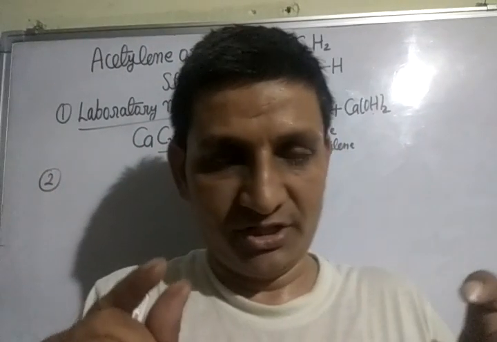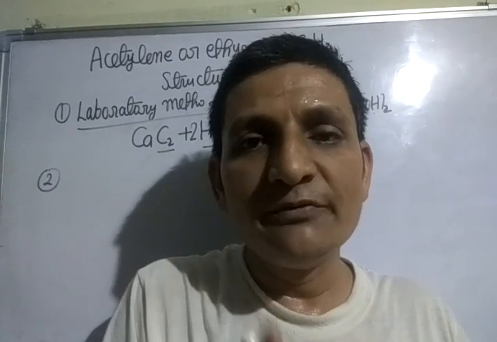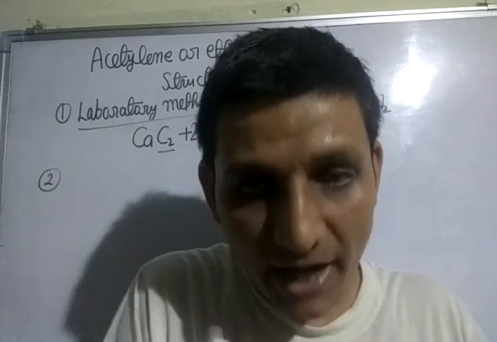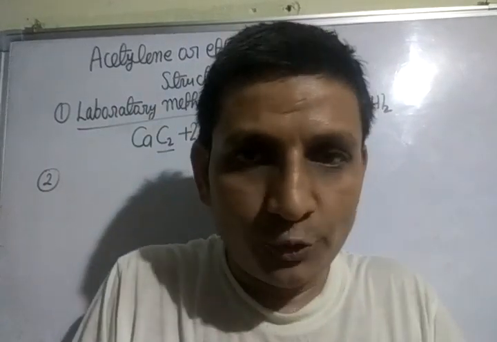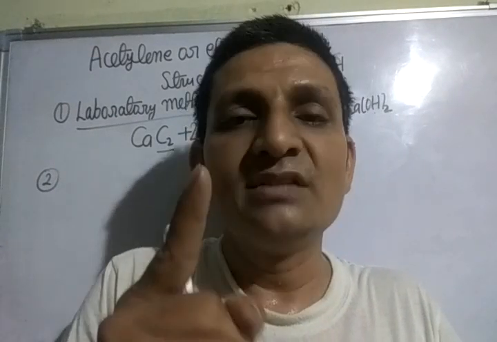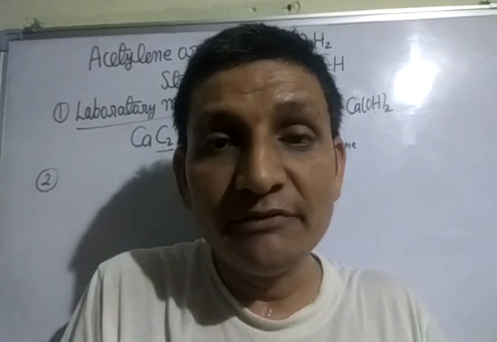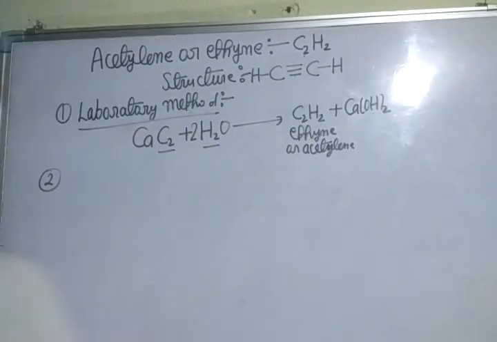Second method of preparation: 1,2 dibromoethane is boiled with alcoholic potassium hydroxide solution. Then ethyne is formed. 1,2 dibromoethane, formula CH2Br-CH2Br, reacts with alcoholic potassium hydroxide solution.